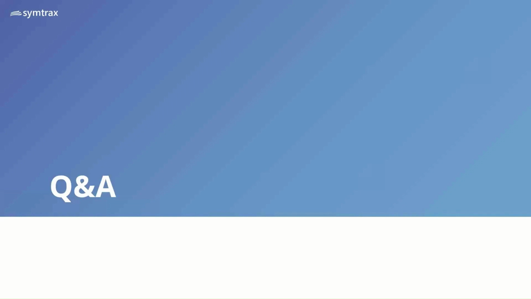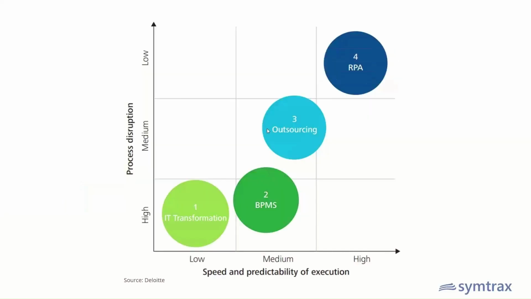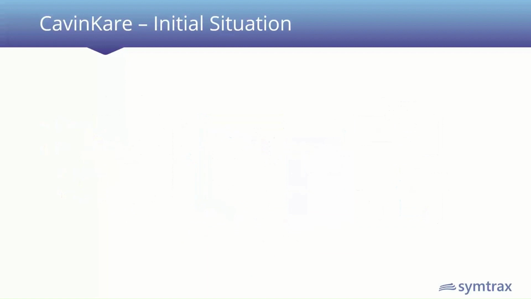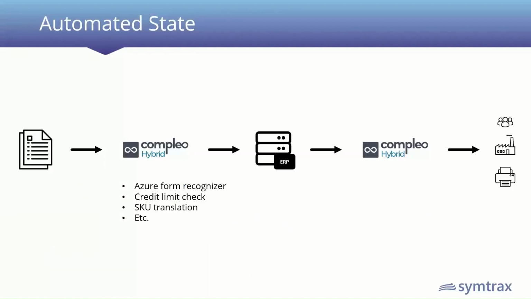So the question is, do Compleo or Simtrax store the client's data? So here, let me share with you at this point of time. For Simtrax, what we'll be doing here is we will help to process your data. The moment there's an input coming into Compleo, we will process according to what you need.